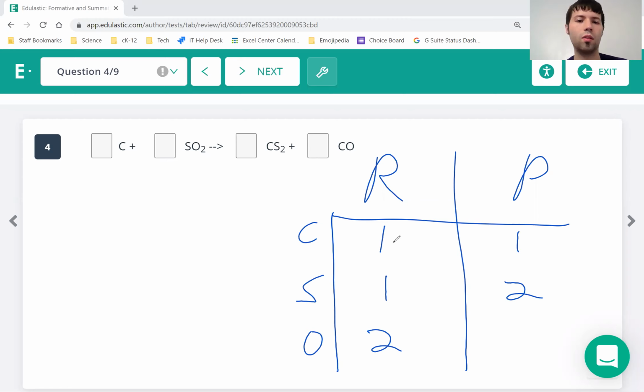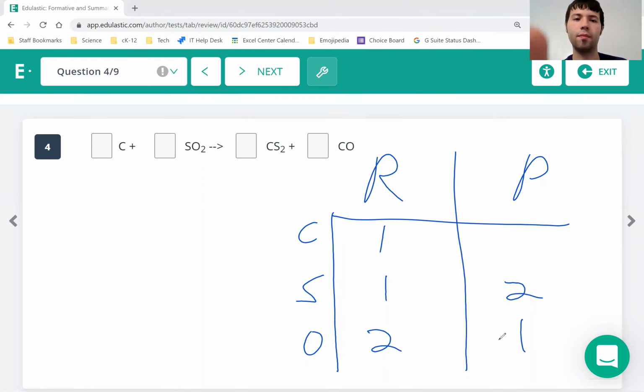Right side, oops, oh, I messed something up actually, guys, I'm sorry. You guys see where I messed up? I'll come back to it, but look at the carbon on the first row there. Right side, product side, I have 1 oxygen. And where I messed up was when I did carbon on the right side, I said I have 1. Well, I only looked at 1 molecule. There's a CS2 and there's carbon monoxide, which is CO. So actually, I have to count for both of those.